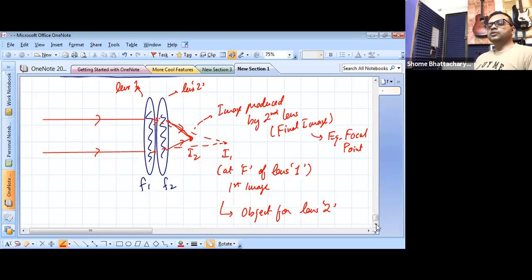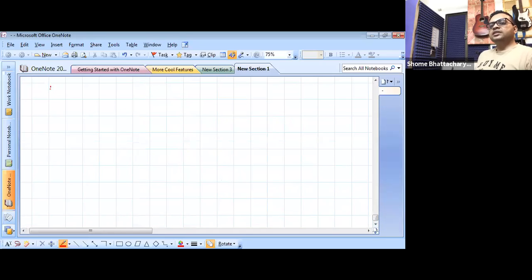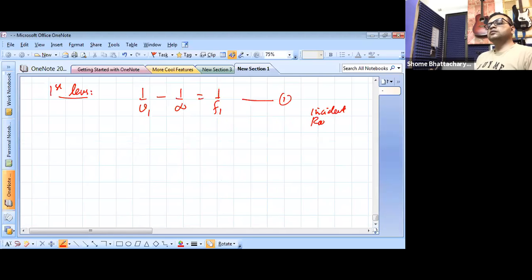It's a very simple calculation. For the first lens, 1 by V1 minus 1 by infinity is equal to 1 by F1, because the incident rays are parallel to the principal axis.